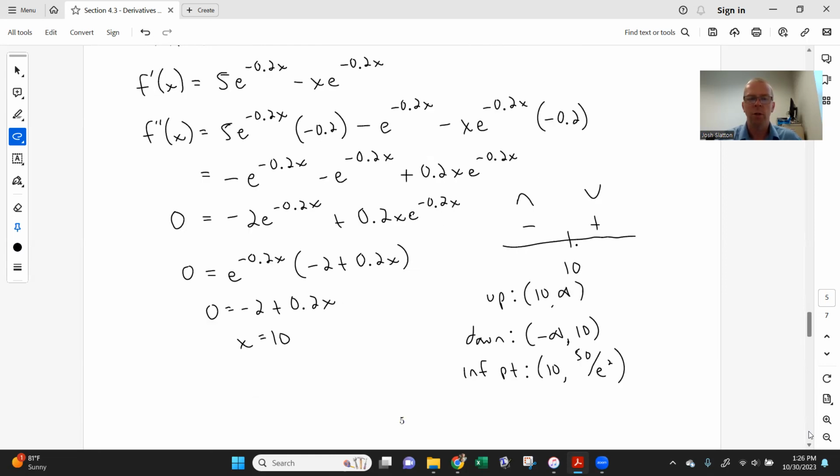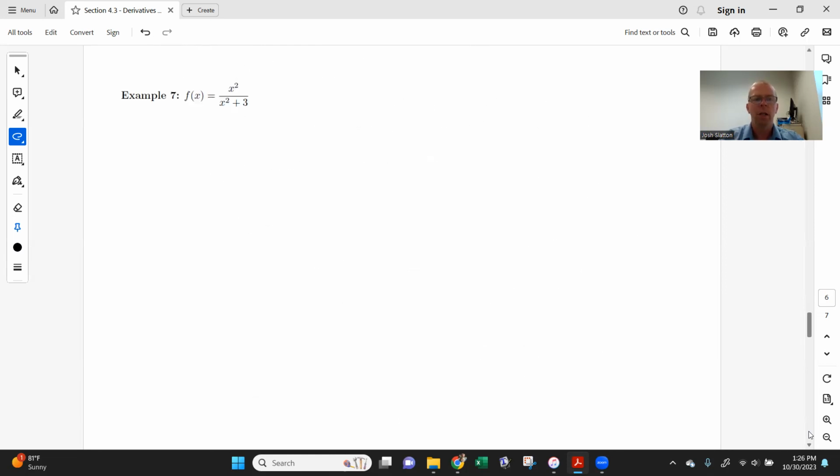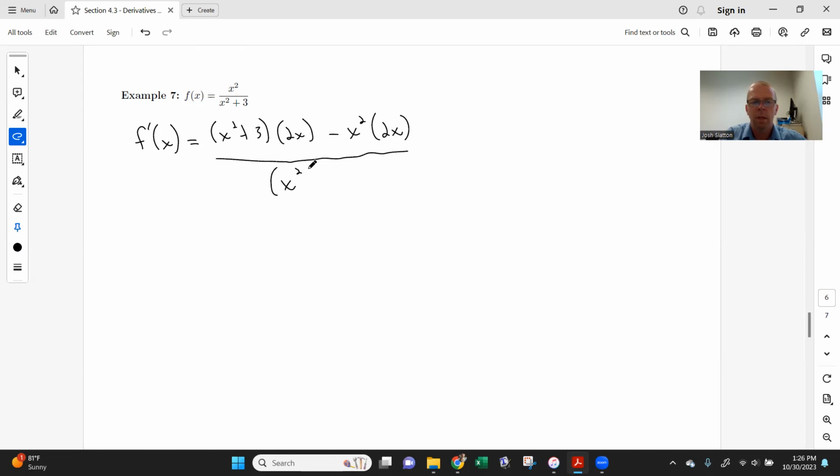So now we're going to have a rational function. We're going to do the same thing. When we take the derivative, we need to use the quotient rule. So we have the bottom times the derivative of the top minus the top times the derivative of the bottom, and then that's all over the bottom squared.